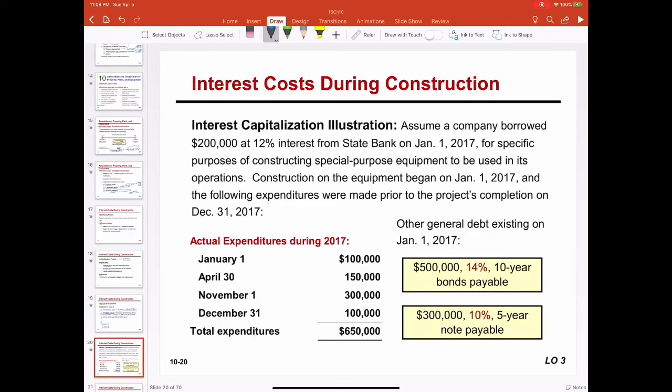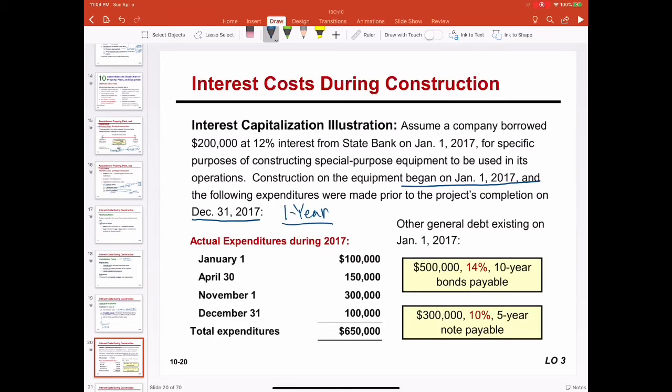So in this example, as I said, this asset is qualified for the interest capitalization. The next one is the capitalization period. The project begins on January 1st, 2017 and ends on December 31st, 2017. Basically it is 1 year.